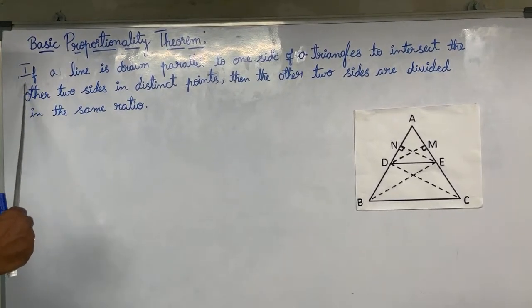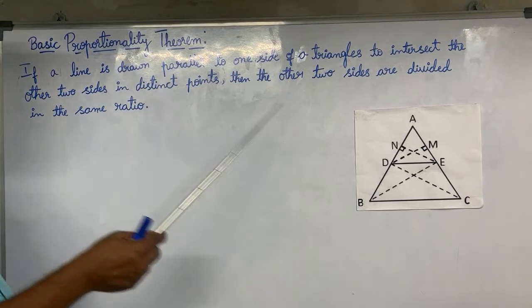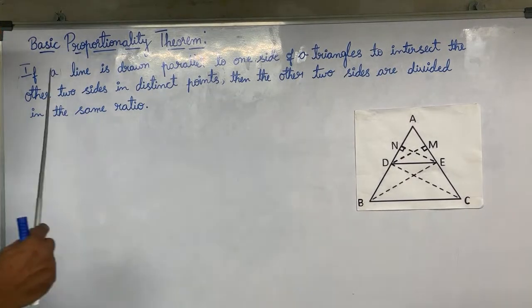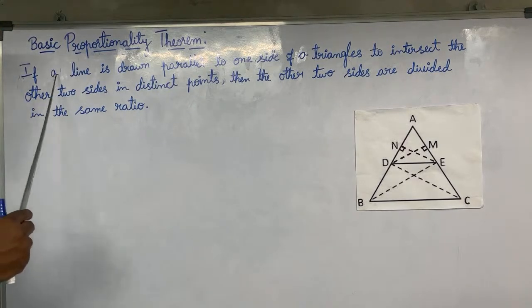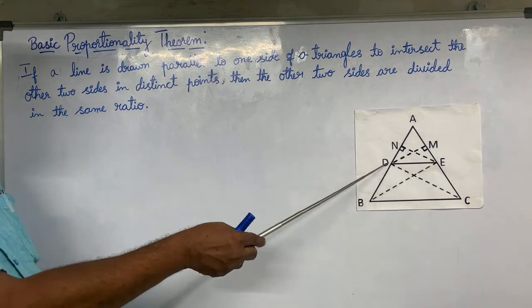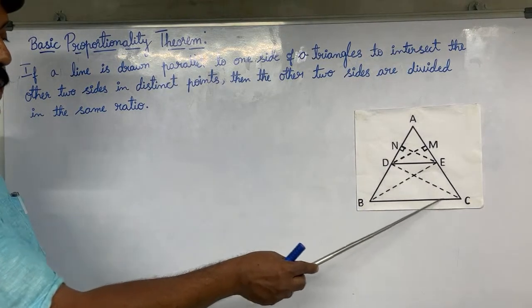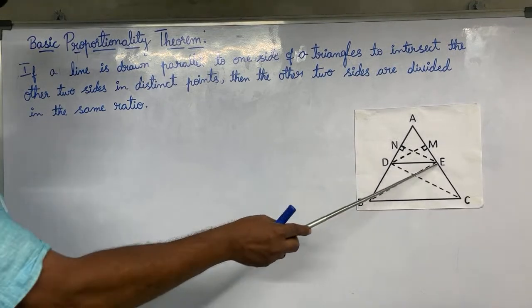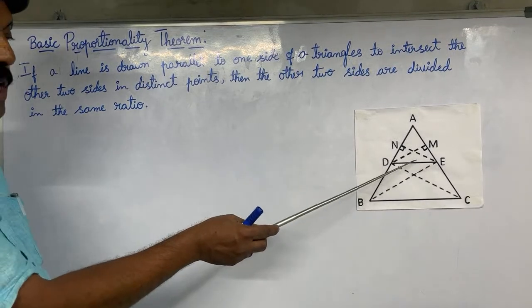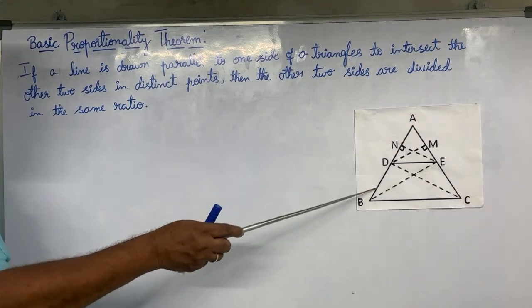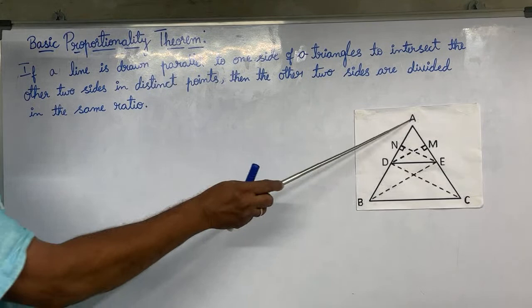If a line is drawn parallel to one side of a triangle, I will repeat, if a line is drawn parallel to one side of a triangle, that means a line DE is drawn parallel to one side, and that one side is BC. BC is the one side, and DE is parallel. But the same DE line is intersecting the other two sides, AB and AC.